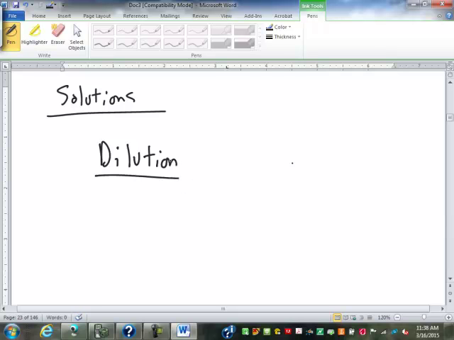So when we perform a dilution, we're taking an existing solution or just an existing medication, and we're diluting it with some sort of a non-medical substance, a neutral solution we call it, which would be saline or sterile water or something like that. So what we're looking at in a dilution is we have two parts. We have either a serum or a concentrate.